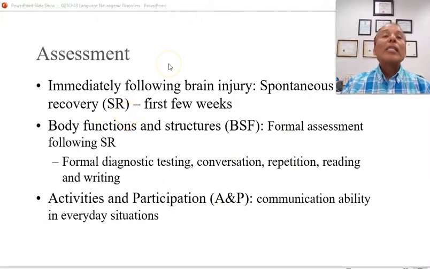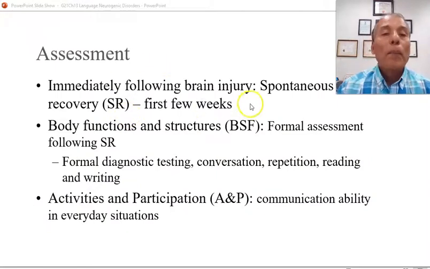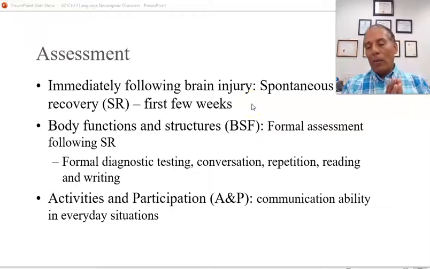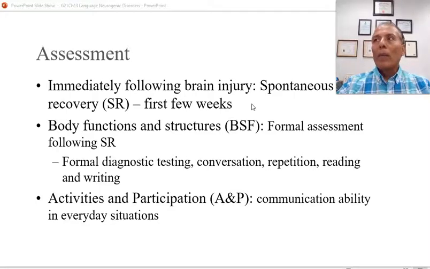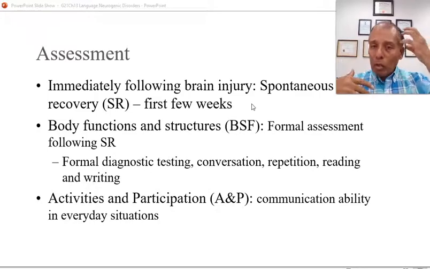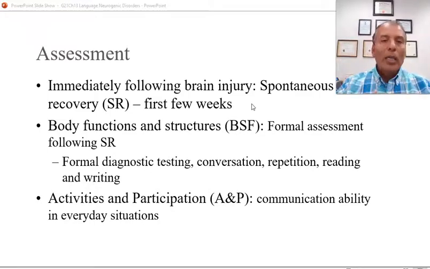In terms of assessment, usually speech pathologists work in the intensive care unit, and they also work in rehab and so on, inside of the hospital. So when there's injury, immediately in the intensive care unit, the speech pathologist is one of the first people to go and do an evaluation, and they evaluate swallowing, cognitive functions, and language functions.